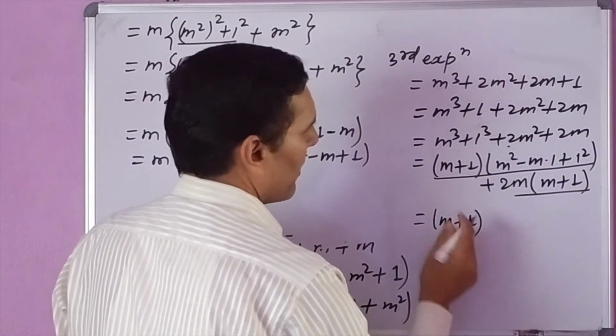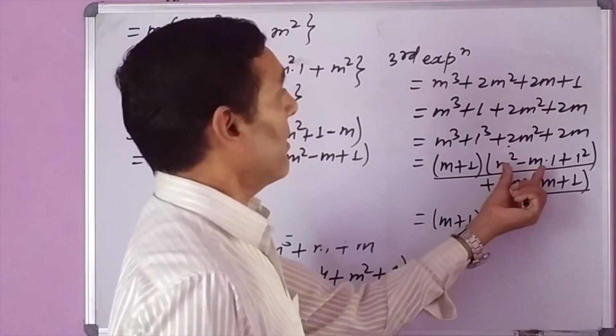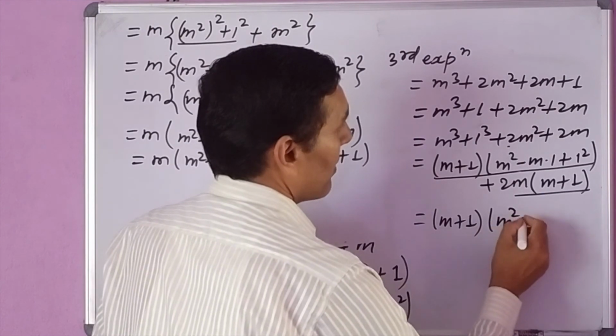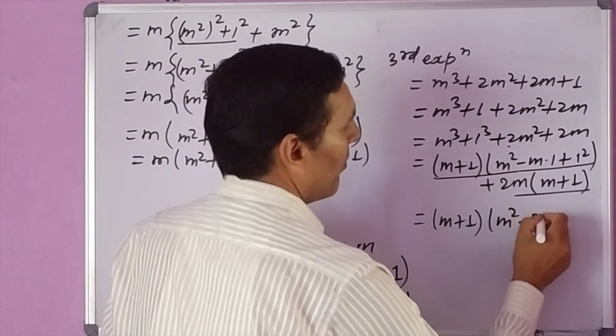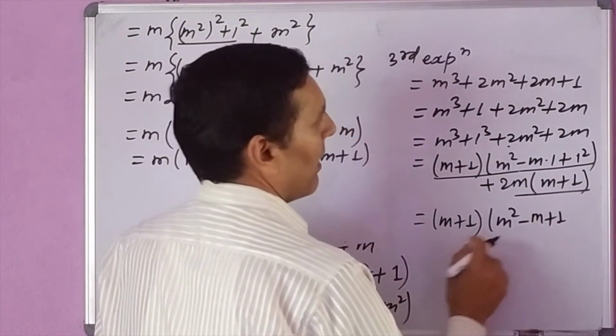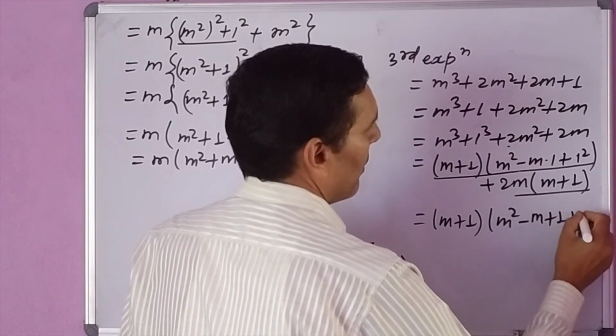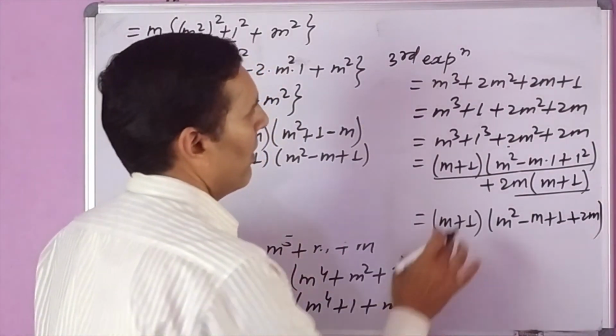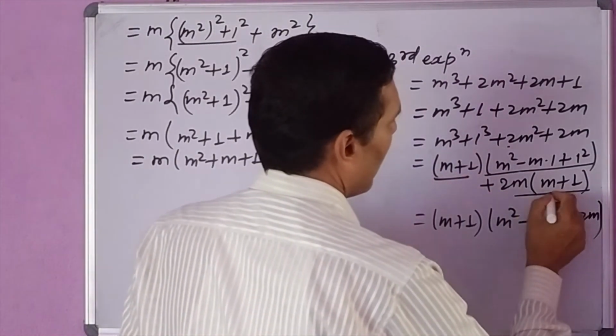M plus 1, after taking m plus 1, what will be remaining in the first part? M square minus m plus 1. In the second part, there is 2m remaining after taking m plus 1 common. Here we have m plus 1, here also we have m plus 1.